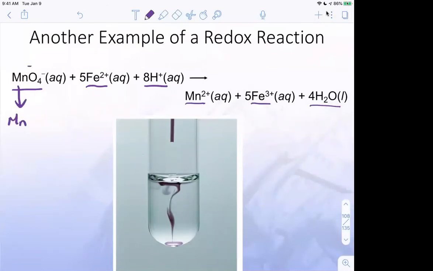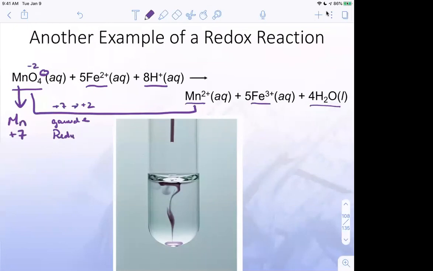Well, each oxygen is -2 and there's 4. I have a negative charge here, so this goes from +7 to +2. So manganese actually went from +7 to +2. It became less positive, so it gained electrons and it was reduced.